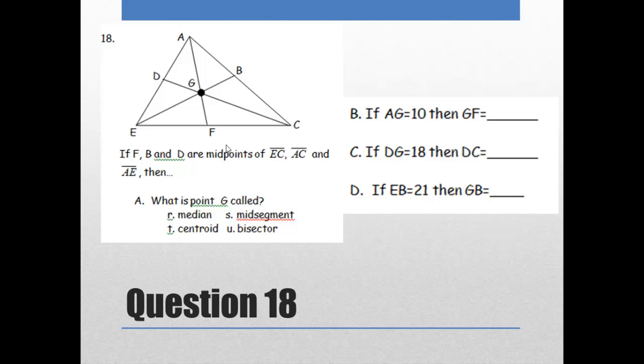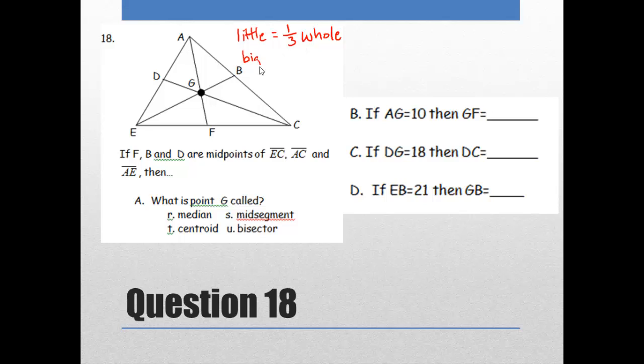Okay, number 18. I told you guys centroids are going to be super important. If you remember the segments that the centroid forms, it forms a little segment and a big segment, and there's the whole thing. But you can always use these formulas. You can say the little segment is equal to 1/3 of the whole. So if you want to find the little from the whole, just divide it by 3.